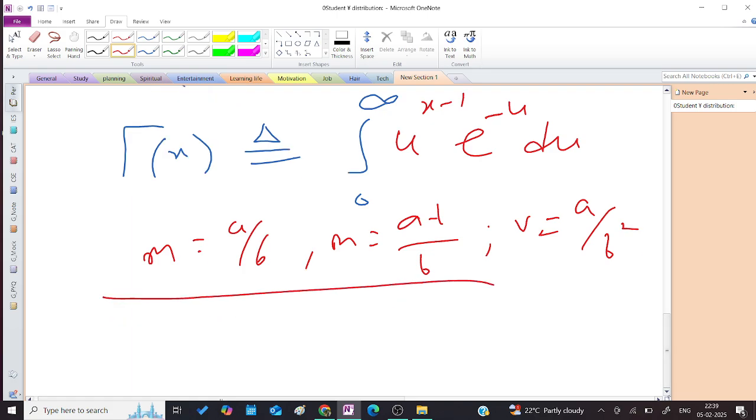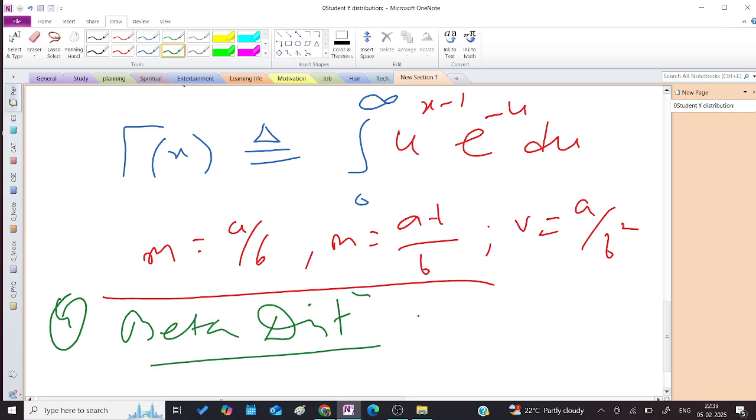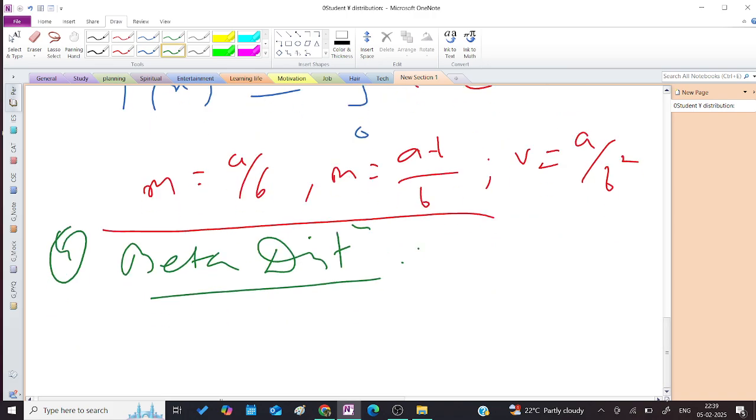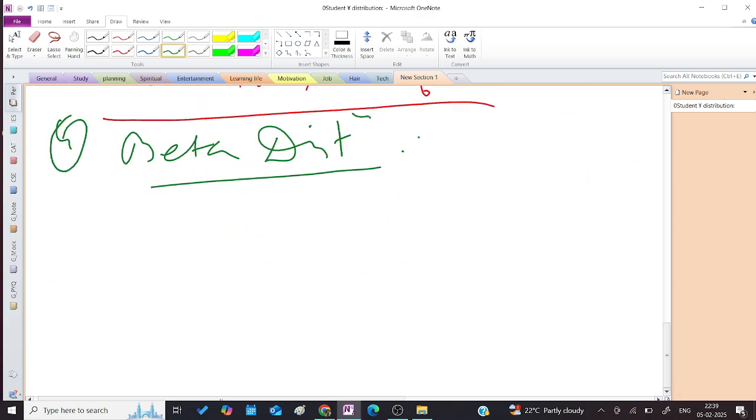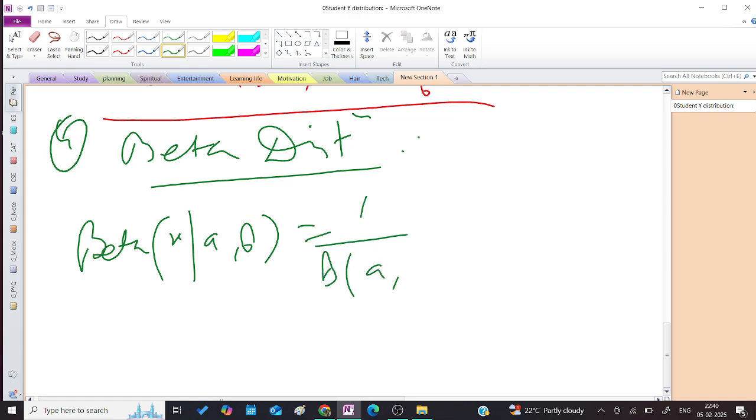Now the fourth one, that is the beta distribution. It is given by Beta(x | a, b) as parameters, equals 1 by B(a, b), x to the power a minus 1, (1 - x) to the power b minus 1.